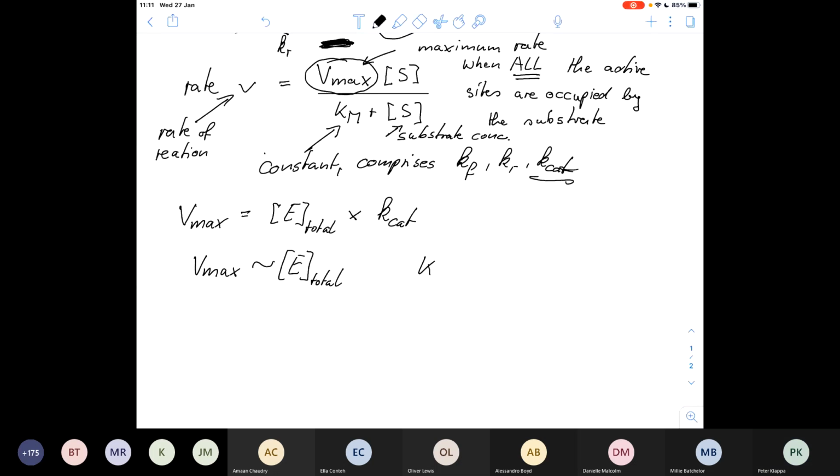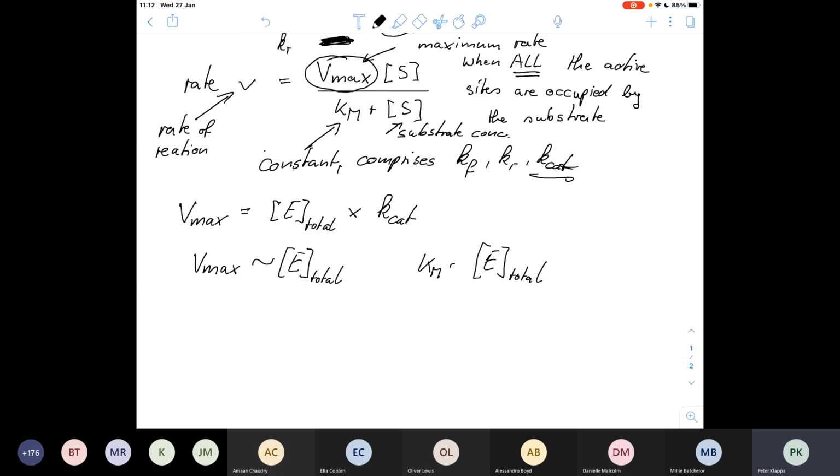Km, does this depend on the enzyme concentration? Does Km depend on the enzyme concentration? Dennis, you're absolutely right. It does not depend on the enzyme concentration, so I write it like that.